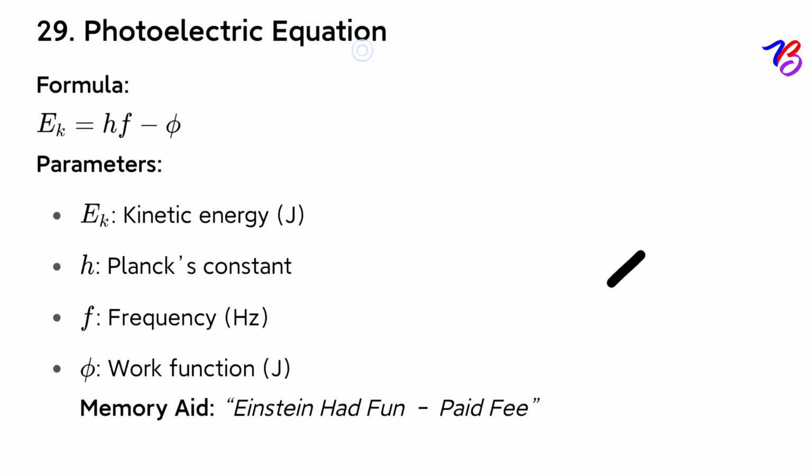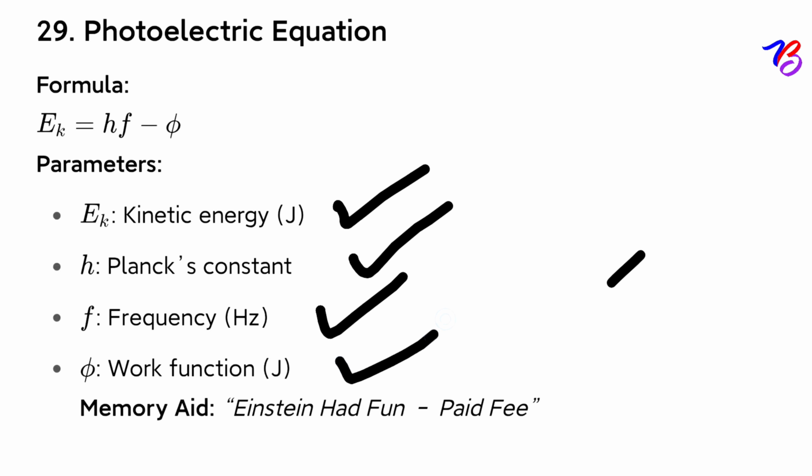29, photoelectric equation. Don't forget that E_K, or E of K, is equal to hf minus phi. Our E_K is kinetic energy in joules, our h is Planck's constant, and f is frequency in hertz, while our work function is given as phi.